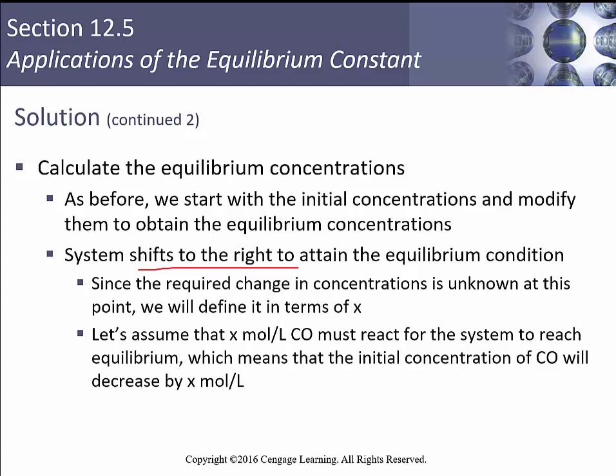So let's assume that, let's call it X moles of carbon monoxide must react for the system to reach equilibrium, which means that the initial concentration of CO will decrease. We're going to lose some of our initial CO. Right?